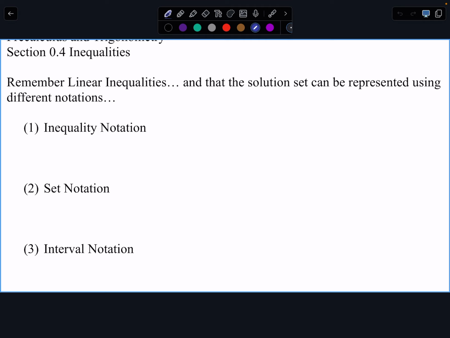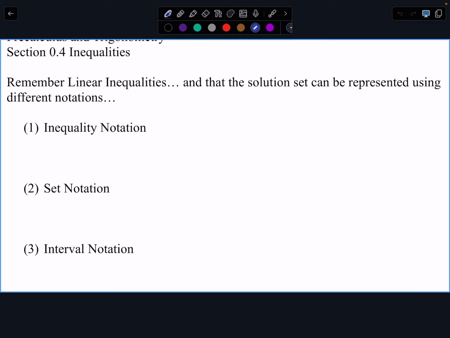So I want to get into the different notations first that can be used to represent a solution set. Really, I need you guys to be comfortable with the inequality notation and the interval notation. So I think you're probably most comfortable at this point with the inequality notation, but being able to go from inequality notation to interval notation and being really solid with the interval notation and understanding what that means.